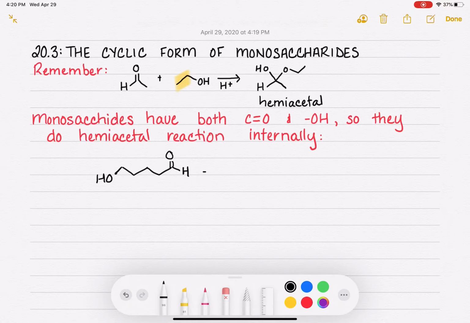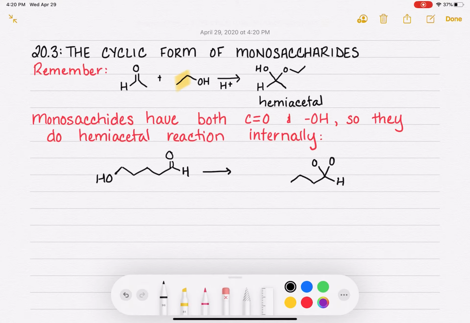Our approach is pretty similar to what you took normally. So I'm starting by redrawing my aldehyde or ketone, my aldehyde in this case, and I'm opening up the carbon-oxygen double bond. I'm going to take my alcohol and connect it.